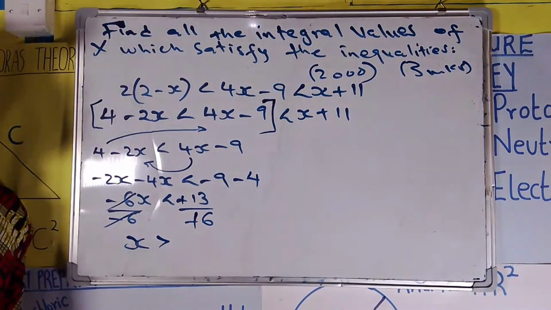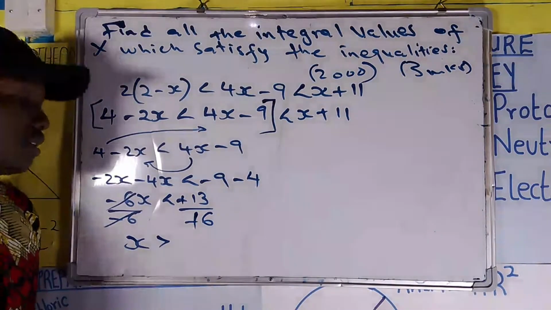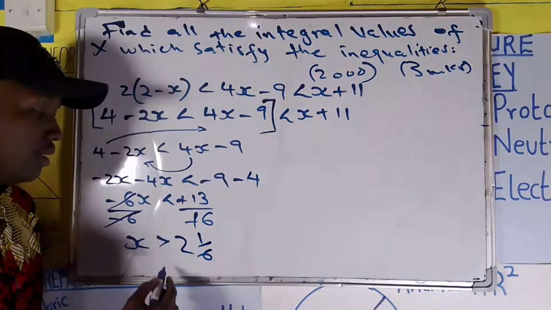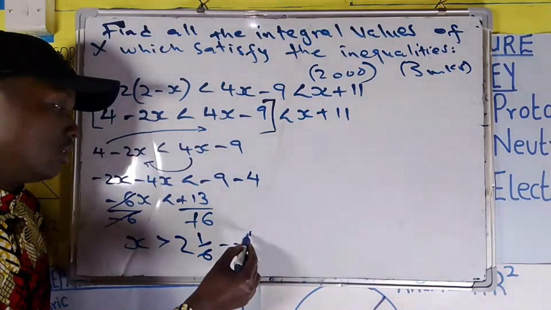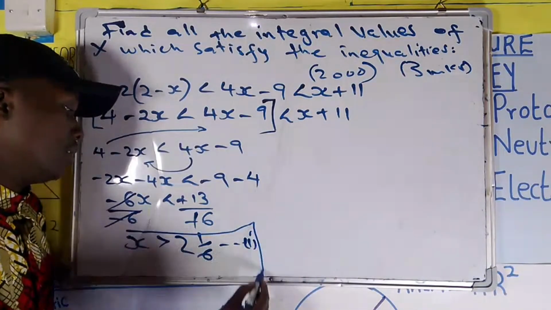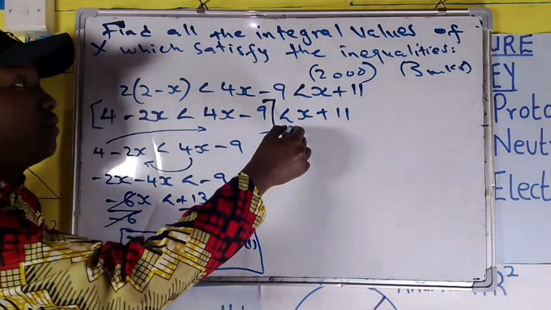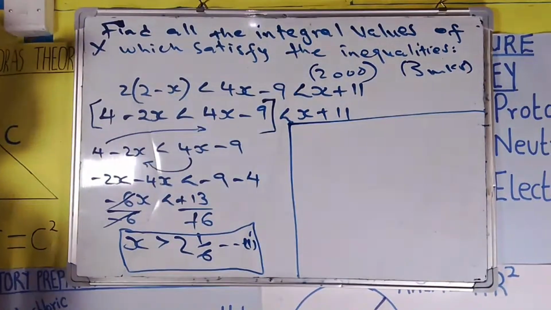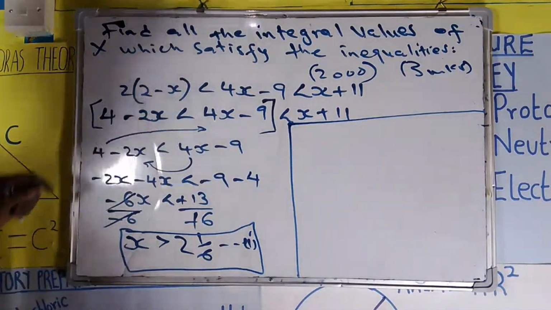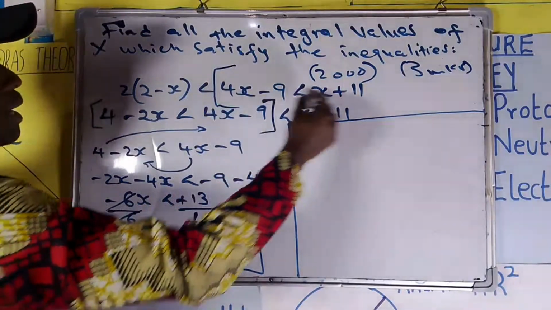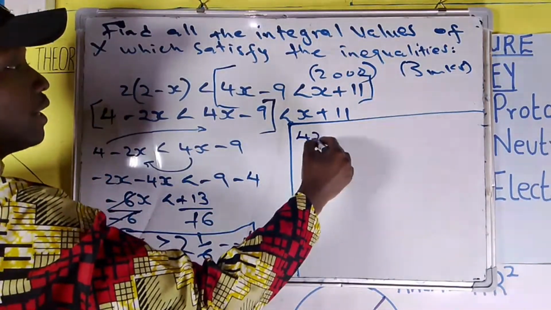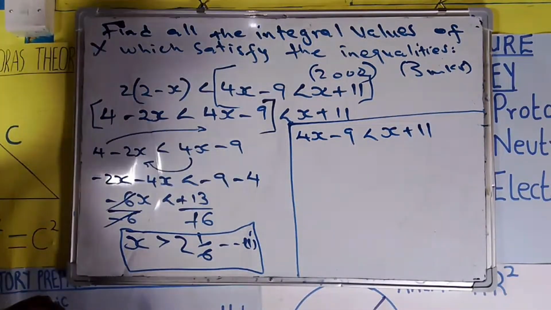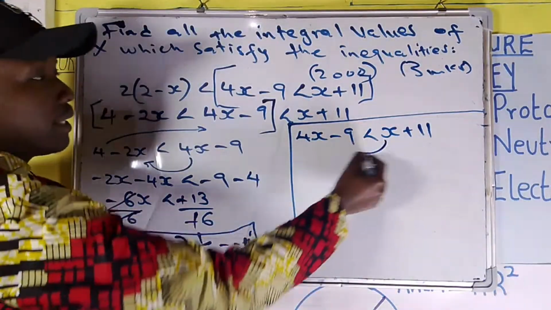13 over 6 tukiandika kama mixed number itakuwa 2 whole 1 over 6. So hiyo ibaki hivyo. Tuende part ya pili. Part ya pili tunachukua hii ya pili kutoka hapa mpaka hapa mwisho. So itakuwa 4x minus 9 is less than x plus 11. So hapa tutaleta like terms pamoja.